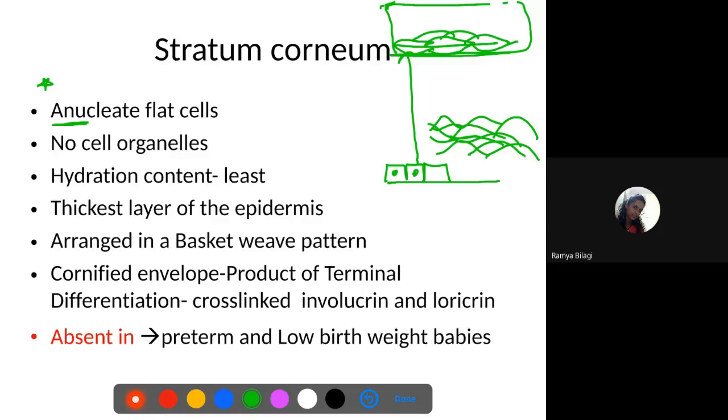So there is a cornified envelope, which is the product of terminal differentiation, and the major cross-link to form the cornified envelope is by involucrin and loricrin. So we have known this, where in preterm babies and low birth weight babies, the layer is absent. Okay.